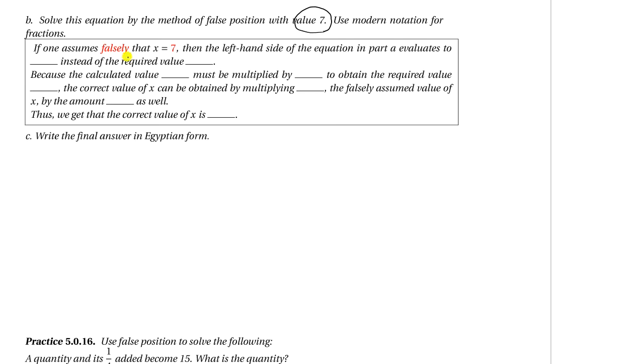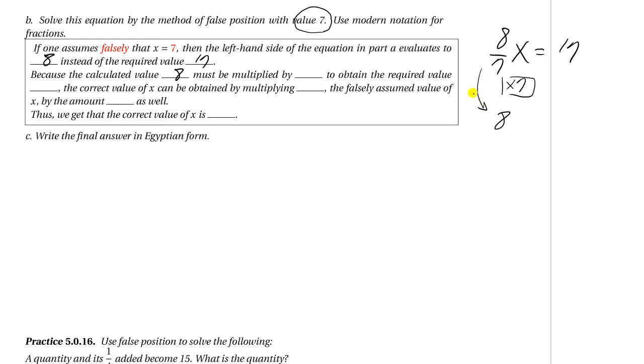So you can think they assume 7 for x, then the left hand side, let me write down over here, x plus 1/7 x. On the left hand side of this equation, it changed to 8 instead of the result of 17. Because the calculated value is 8, when you're assuming that, the left hand side becomes 8.